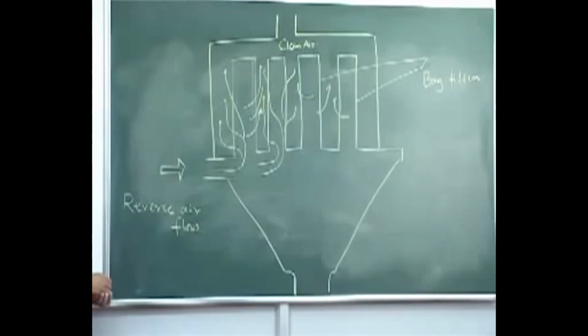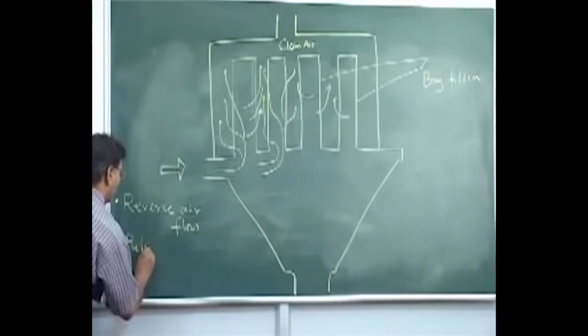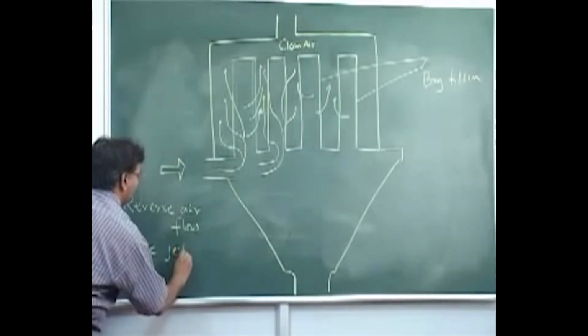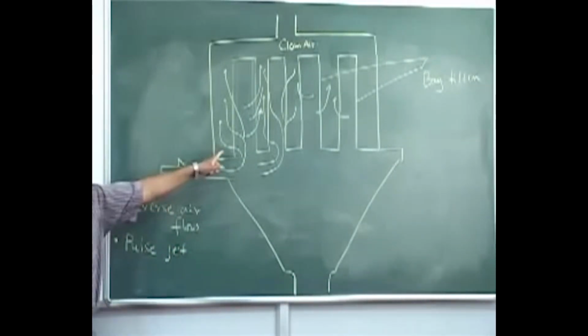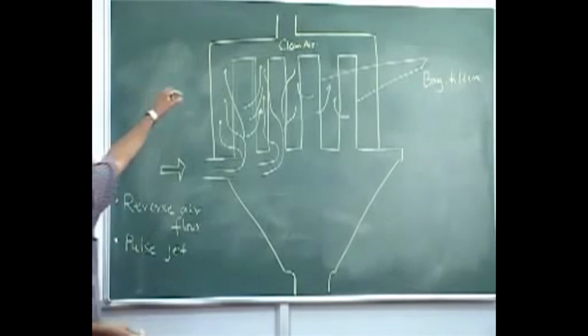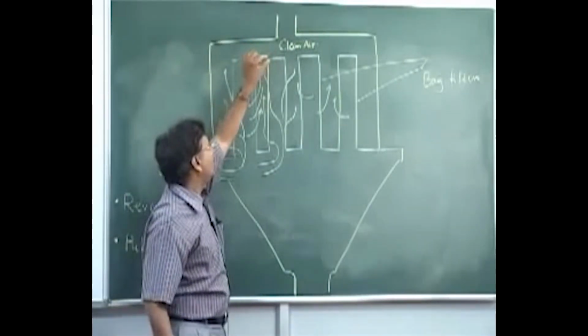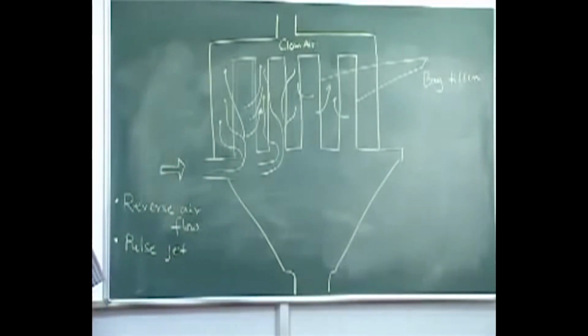The second thing, which is also very common, is pulse jet. The fabric filter, as you see here, is put onto a little steel cage. Otherwise, how would it stand? You can hang it up like this, or you put a steel cage and put the fabric onto it, as if you are putting a cloth onto the cage.